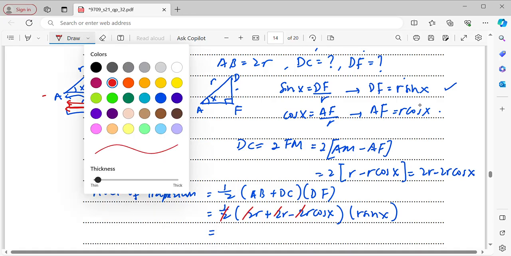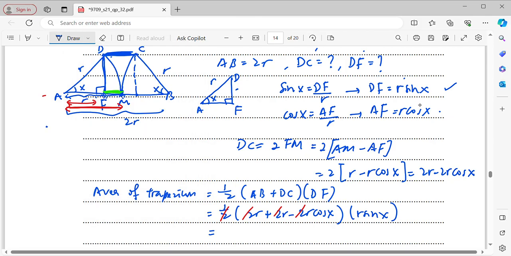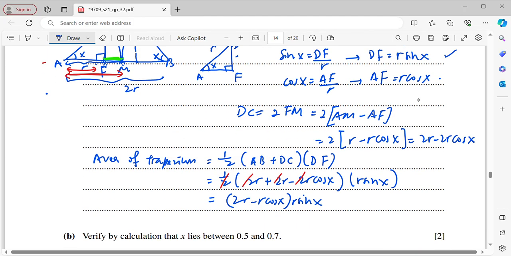That means you will be getting R times 2R minus R cos X multiply with R sin X. Then now the R can be taken out. So I will get R squared bracket 2 minus cos X sin X.